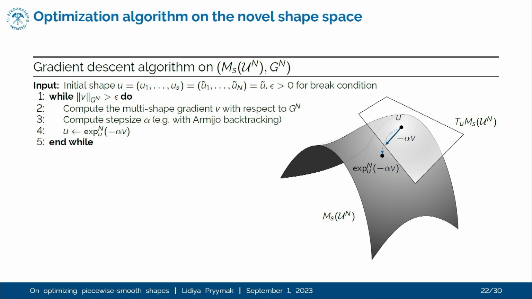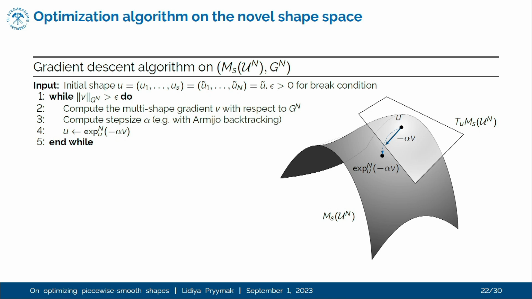We have the following. We have our initial shape. We have a constant for the break condition. It is quite abstract, but depending on how we compute the step size, we also need constants for the computation of the step size. In a while loop, in each iteration step, until the break condition holds, we compute the multi-shape gradient V with respect to our Riemannian metric, and we compute the step size alpha.